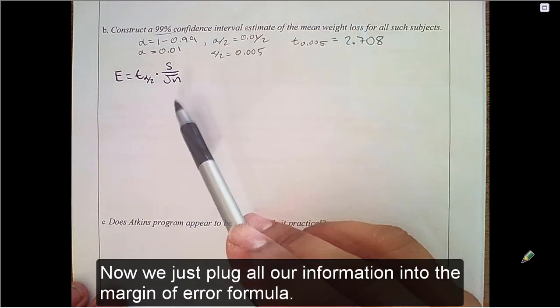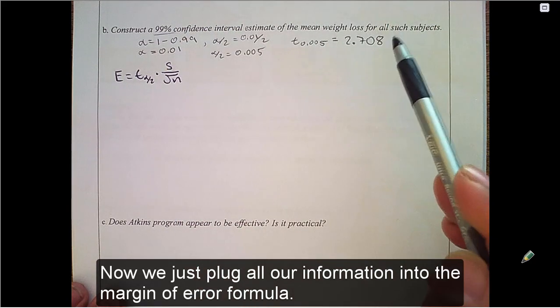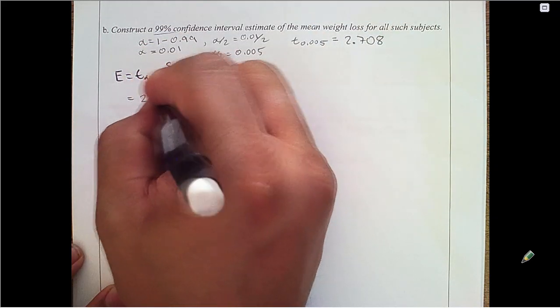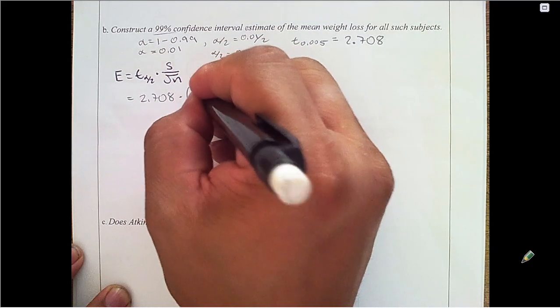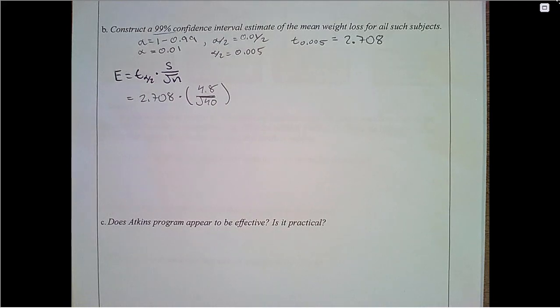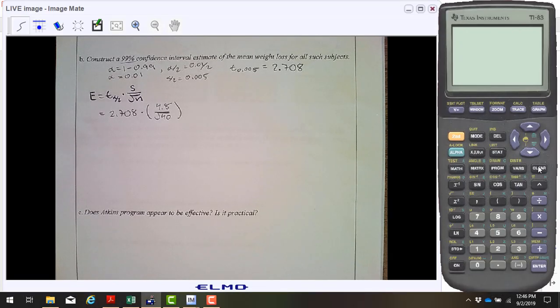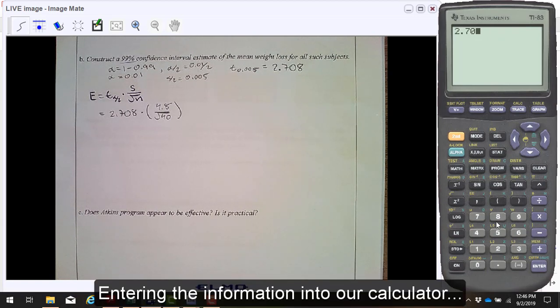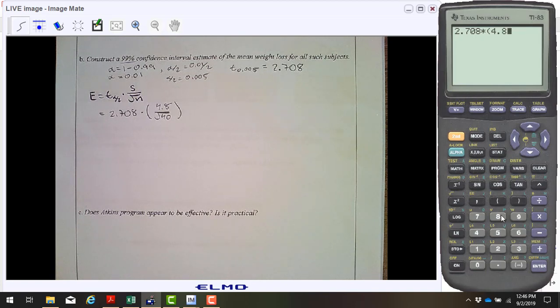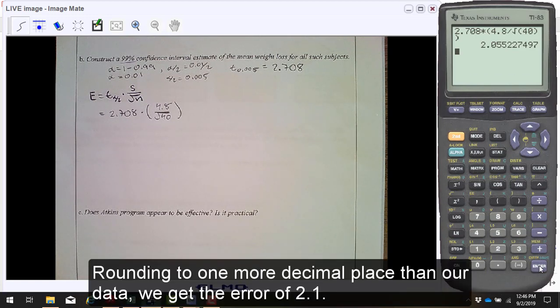Now we just plug all our information into the margin of error formula. Entering the information into our calculator, rounding to one more decimal place than our data, we get the margin of error of 2.1.